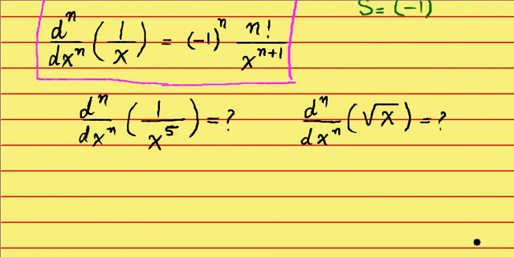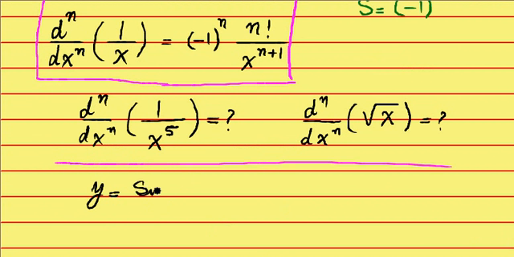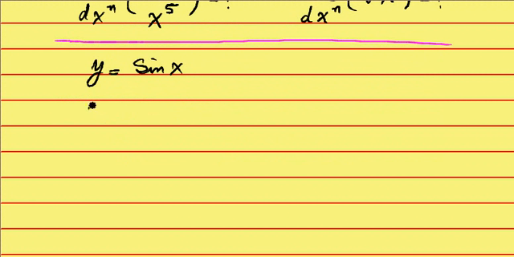Okay, let's take a look at some functions that are more immediate for our uses. Sine and cosine. Here we are starting another example. Suppose y is, let's say, sine of x. We are going to differentiate this several times. First derivative, of course, is cosine.